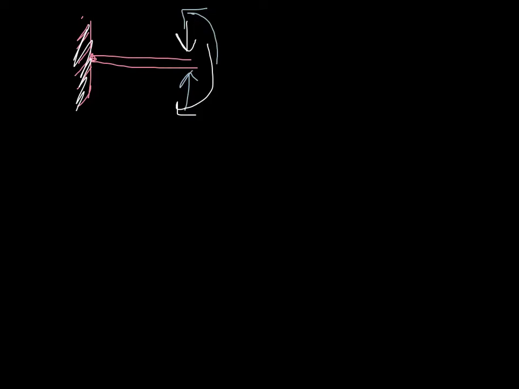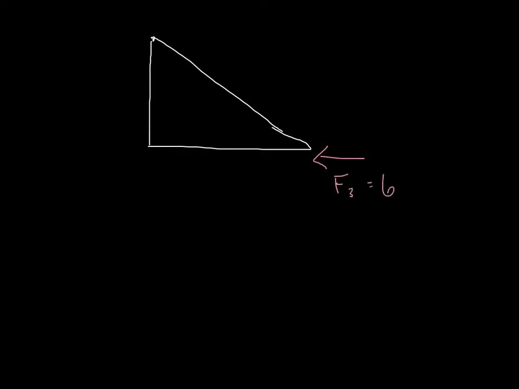So let's do an example of an irregularly shaped object. Here is our point of rotation. Our object is a triangle. We have a force here, F3 is 6. Force 1 is 5.